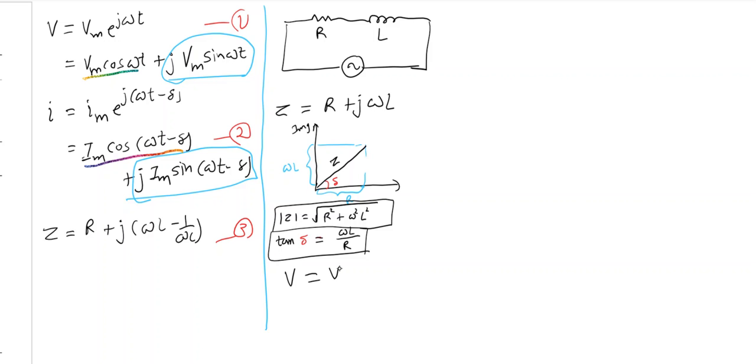Now we can write the equation of current. V is Vm e raised to j omega t, and let me write the real part only. So V is Vm cos omega t, and I is Vm by mod Z cos omega t minus delta.